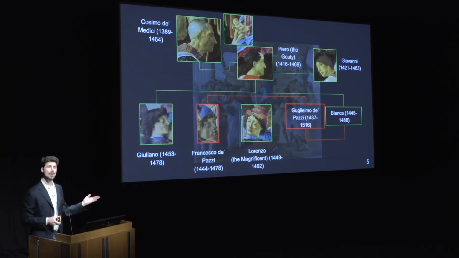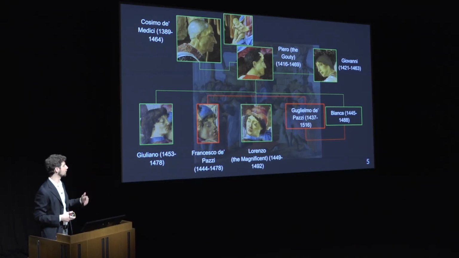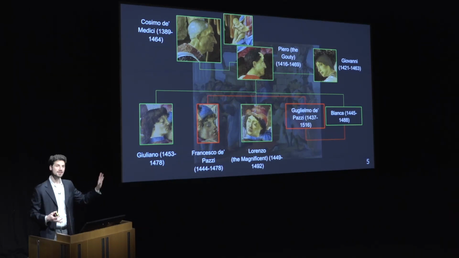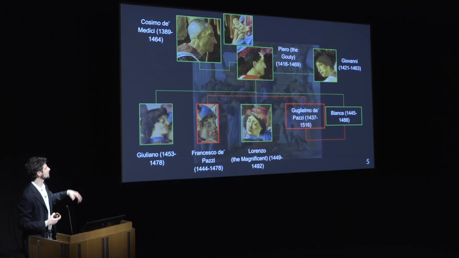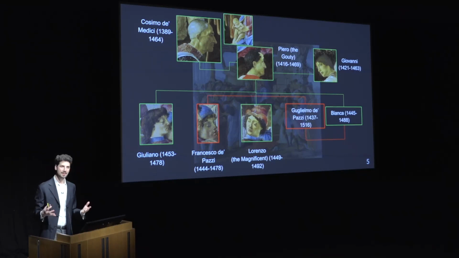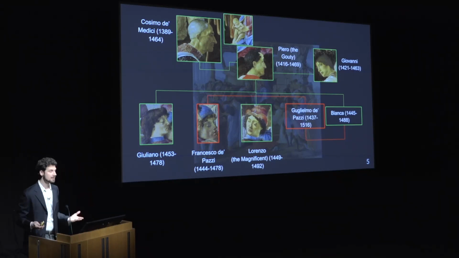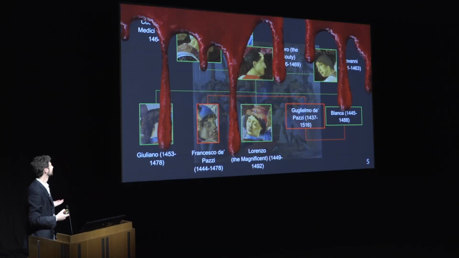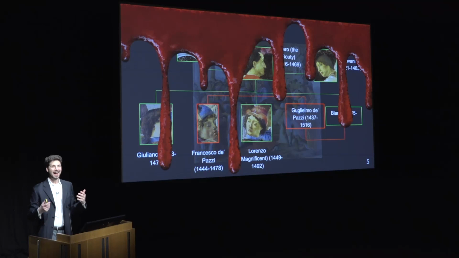He's the brother-in-law of the two guys over there, because his brother, Guglielmo, married Bianca de' Medici. But why so famous? Because approximately 3 years after this painting was painted, in 1478, he murdered Giuliano and nearly missed Lorenzo as well.